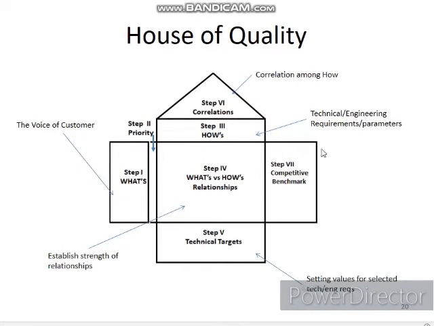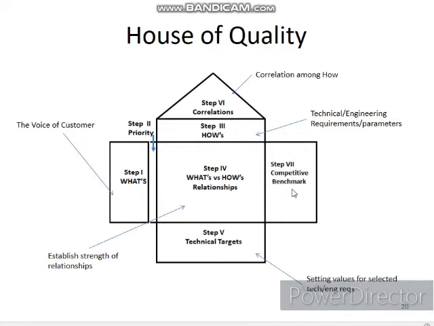For every single customer requirement here, you will see where you stand against your competitor. This can be used to prioritize which areas you are ahead of your competitor, and which areas you are actually behind your competitor.